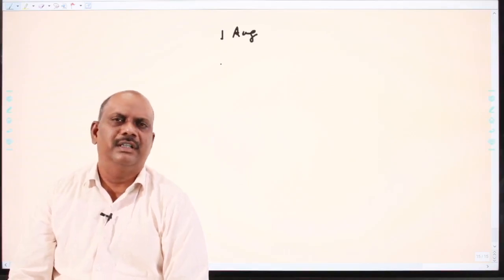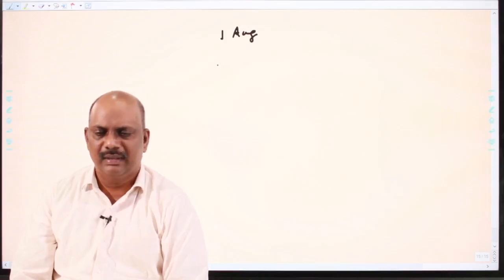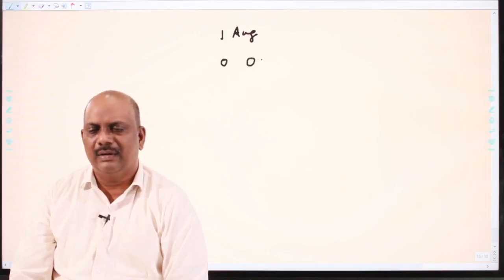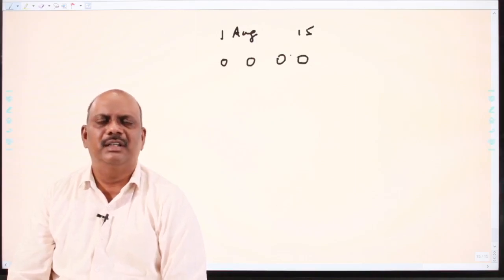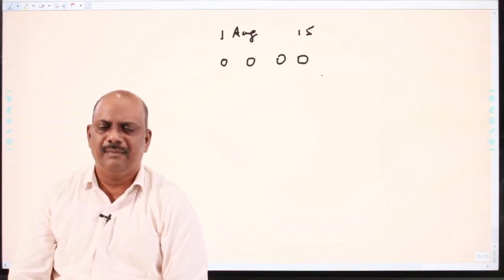On the 1st of August, her menstrual cycle begins, the last menstrual period stops and the new cycle begins. So the egg will start growing. Somewhere between August 12 and August 17, the egg will reach its maturity.